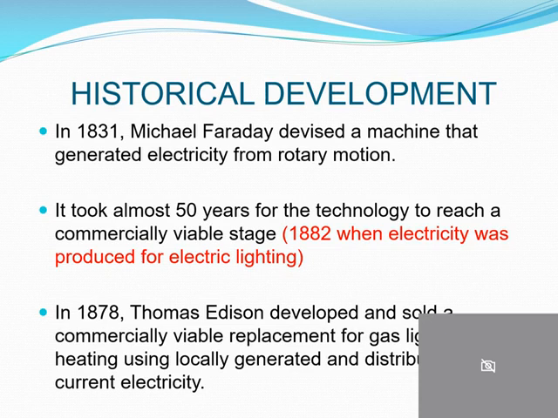Then in 1878, Thomas Edison developed and sold gas lighting and heating, and he was doing this utilizing what was generated from rotary motion, using direct current electricity. Then in 1882, that's when we first had a bulb that was able to produce light using electricity.